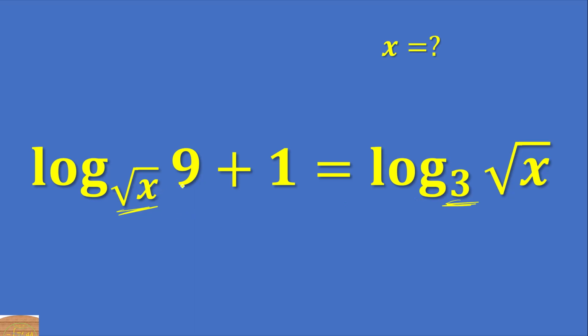So we know 9 is the same as 3 squared. So let's make the base here 3 so that they are equal. So let's apply change of base here. All right. So let's get started.